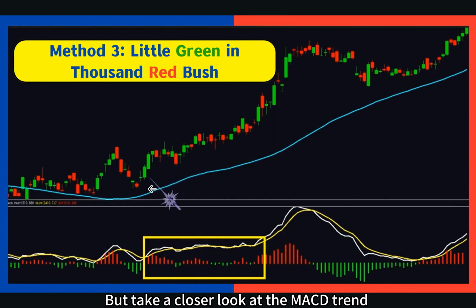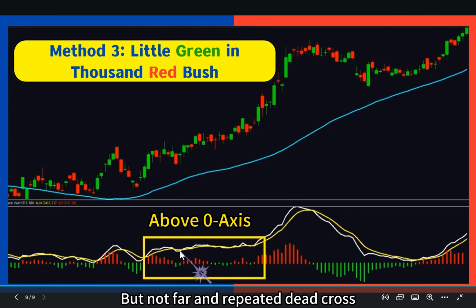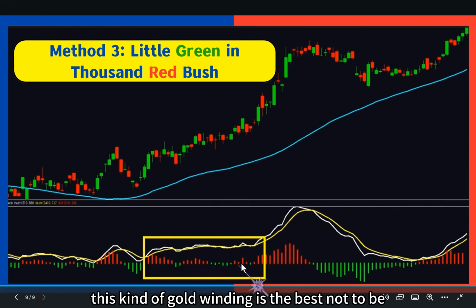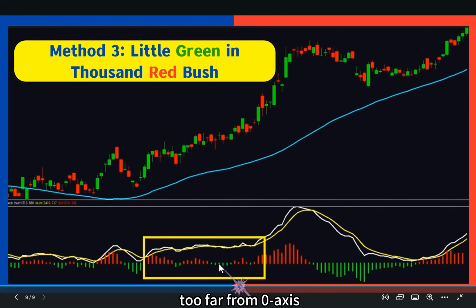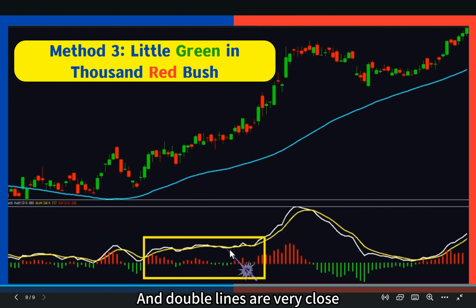But take a closer look at the MACD trend. In fact, the double line is above the zero axis, but not far, and repeated dead cross, gold cross, dead cross again. Generally speaking, this kind of gold winding is best not to be too far from the zero axis, with at least 2 to 3 repetitions, and the double lines very close.